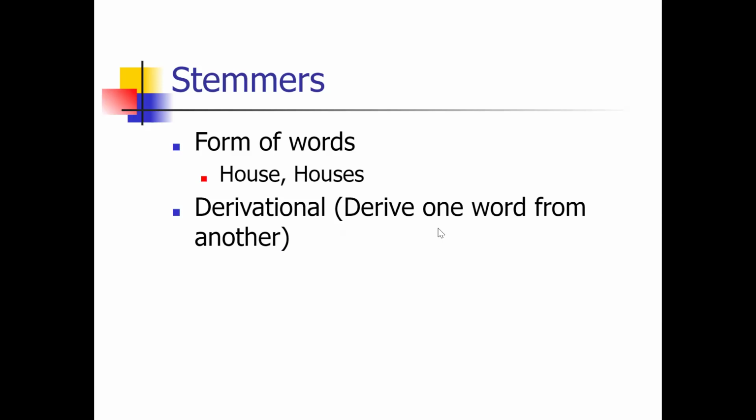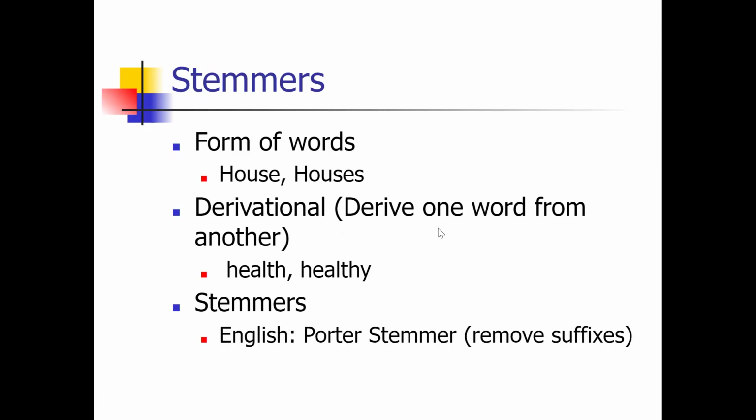Then derivational, deriving one word from another, like health, healthy. And then we can use stemmers to get the basic form of this. Now, for example, if you take word forms like go, went, gone, and so on, if you look at the root form, it should be go.